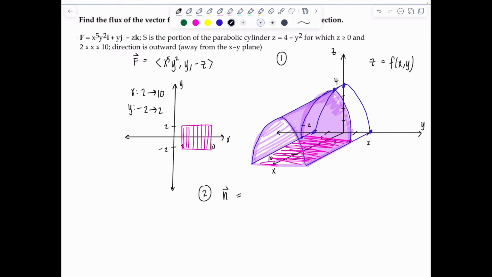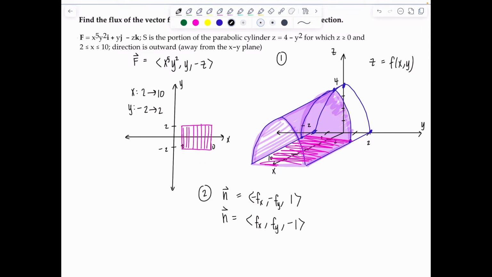If it's a function of x and y, then the z coordinate is always going to be either 1 or -1. And then you'll have the partial with respect to x, but with the opposite sign of that last coordinate. So if it's 1, you have negative partial with respect to x, negative partial with respect to y. If this is -1, then you'd have partial with respect to x, partial with respect to y.